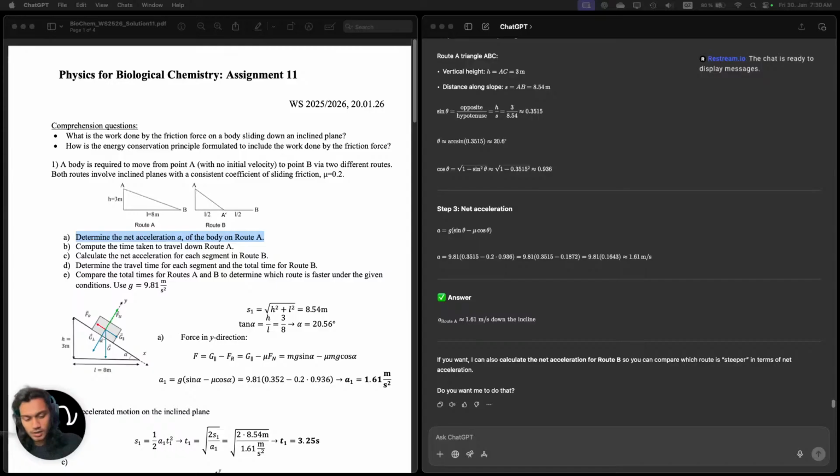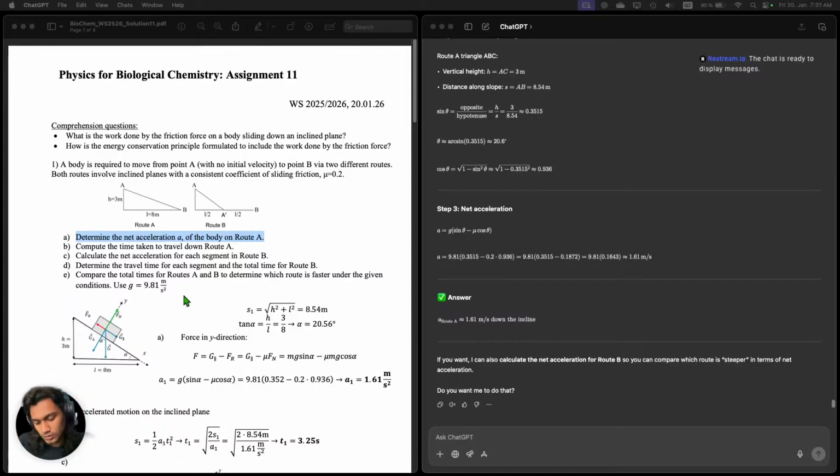So we got route A and we got route B. Determine the net acceleration of the body at route A. So coefficient of friction 0.2.